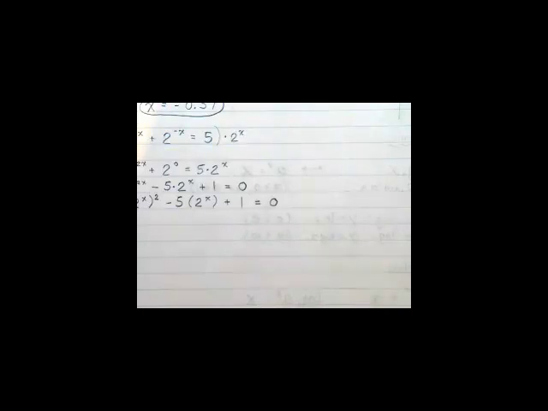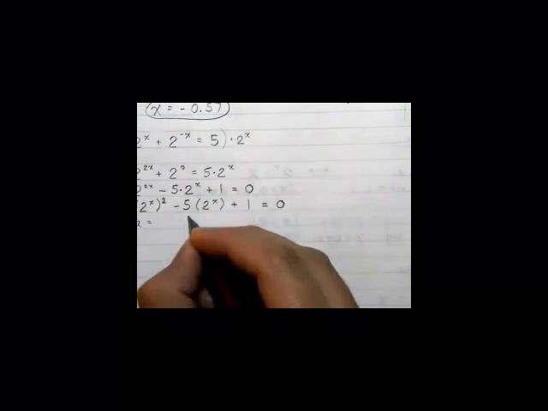Okay, so we still have an a, b, and c for this that we can use in that quadratic formula. See if we can identify them really quick. What's a? 1. What's b? Negative 5. And c? 1.